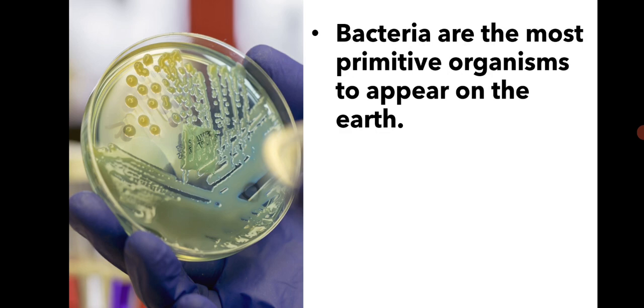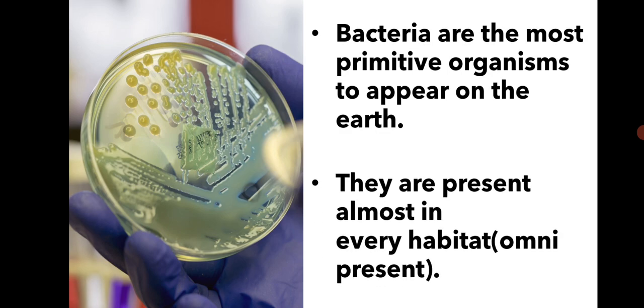They are present almost everywhere, in each and every habitat, that is, every inch of our life consists of bacteria, and that is why they are able to greatly influence our life. They are called omnipresent.